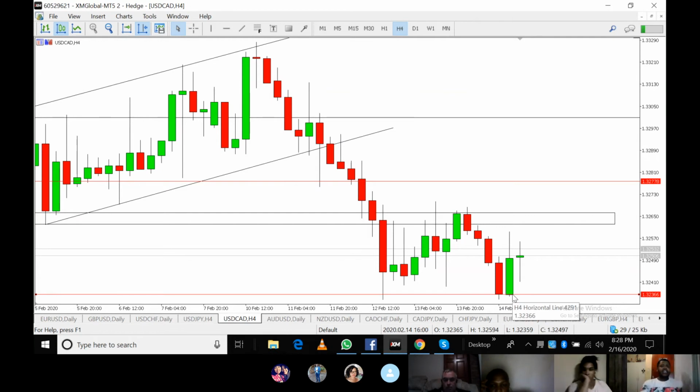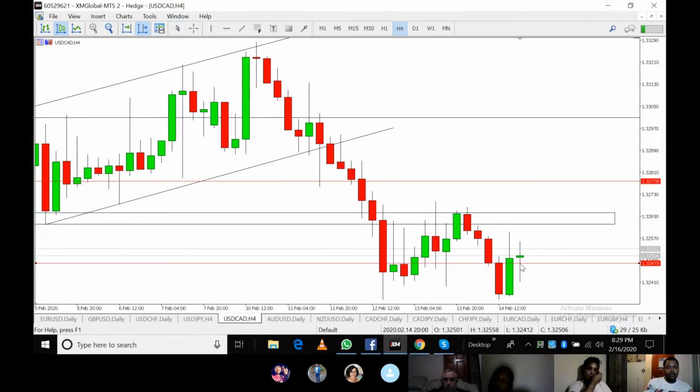So it started right where the last candle finished. So the bottom parts are the same. The top parts, as you can see, there's a big piece of green that sticks out.